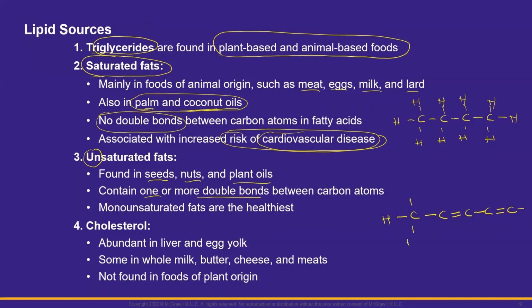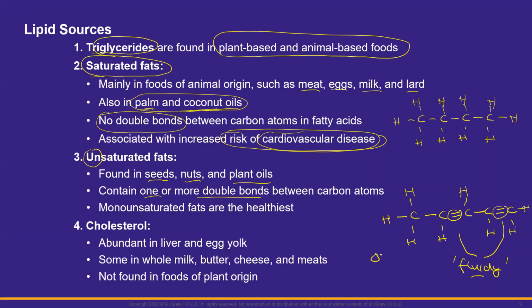Okay, you see this double bond? This is the one that causes the fat to become fluid, a little bit fluid, and it causes the fat to become liquid at room temperature.